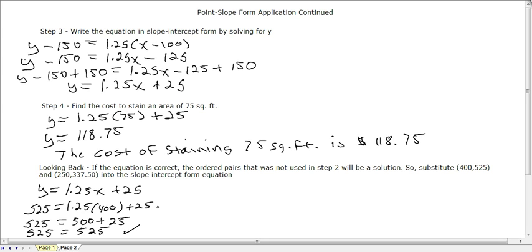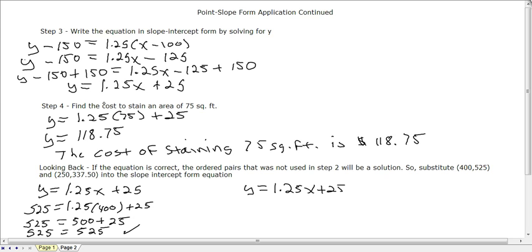Great, that checks out. Now let's take a look at the second set of ordered pairs we didn't use, which is 250 and $337.50. Again, y is equal to 1.25x plus 25, using the slope intercept formula that we just solved for.